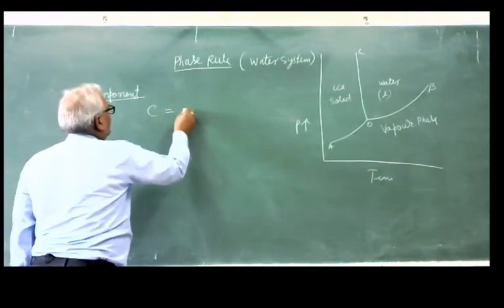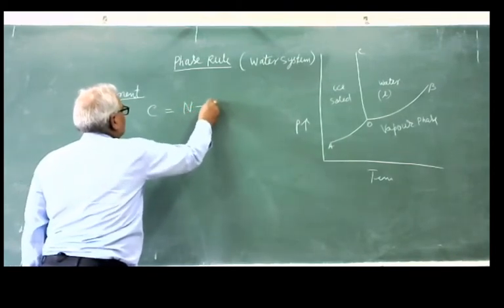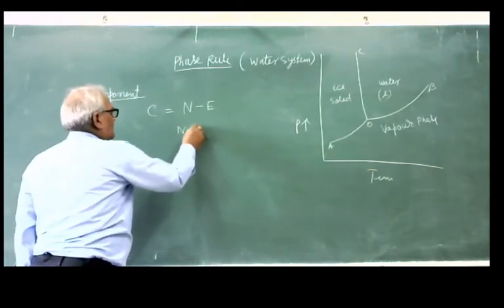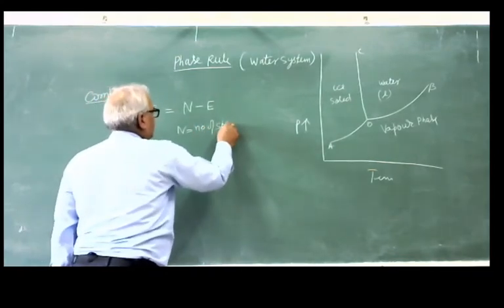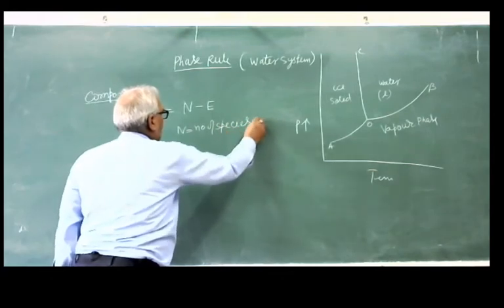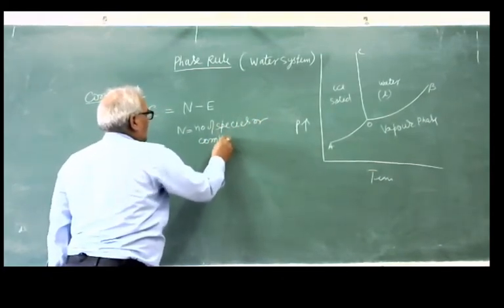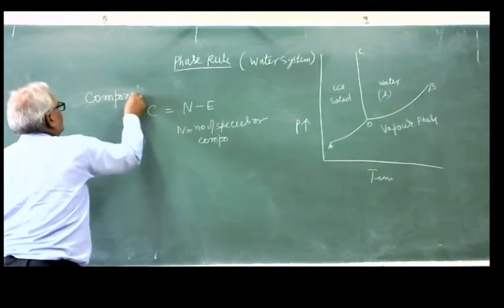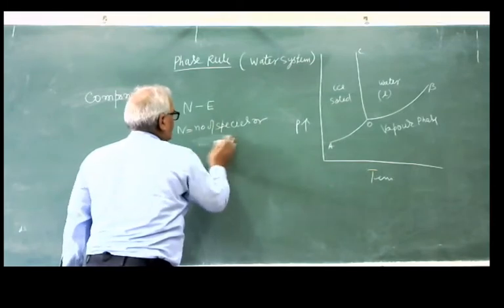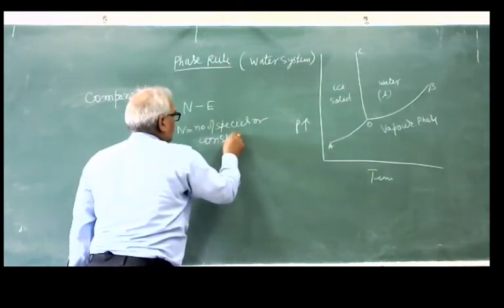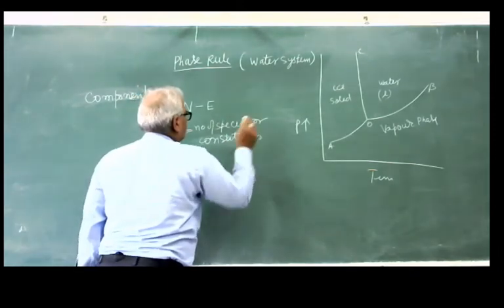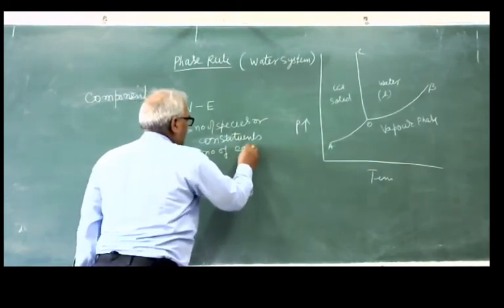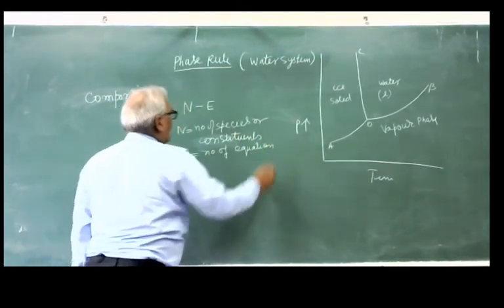Component C is equal to N minus E. N is the number of species, or components, or constituents, and E is the number of equations.